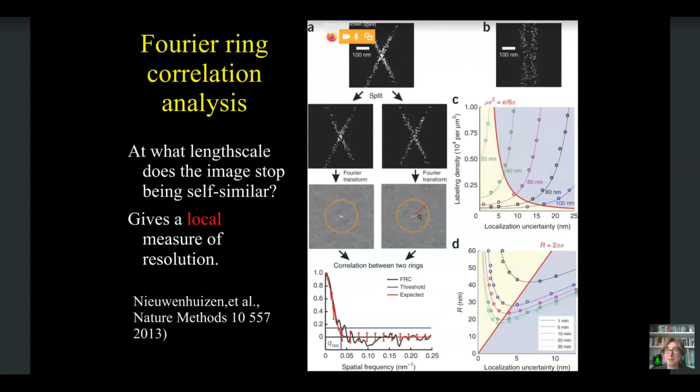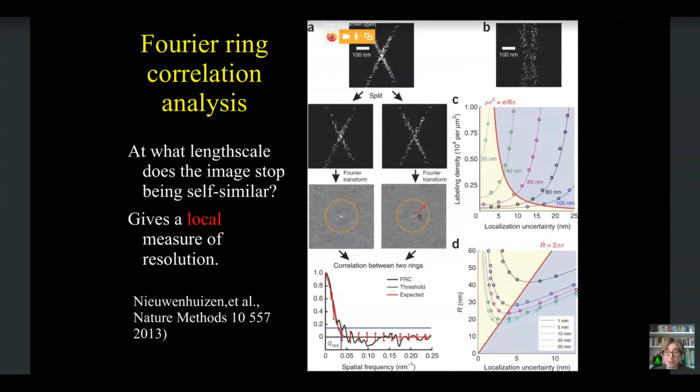And certainly, I think you can see in Bernd Rieger's original paper that if you take into account all the things that can possibly bias a Fourier ring correlation measurement, particularly repeated localizations, which are quite hard to take into account, but do tend to boost the resolution a lot, because then you're measuring the precision of the single molecule measurement rather than the resolution of the whole sample.